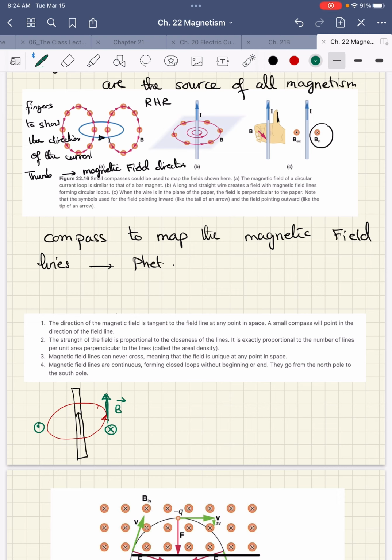Magnetic field lines cannot cross each other, so the magnitude of the field at any point is unique. Magnetic field lines are continuous, forming closed loops without beginning or ending. As we said, they go from the North Pole to the South Pole outside the magnet, and from south to north inside the magnet.